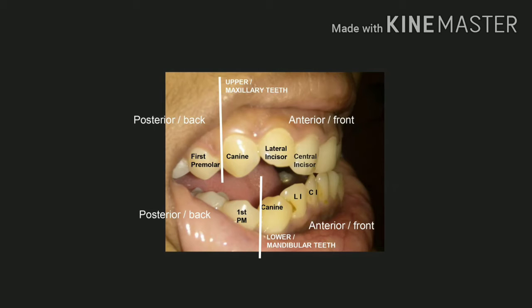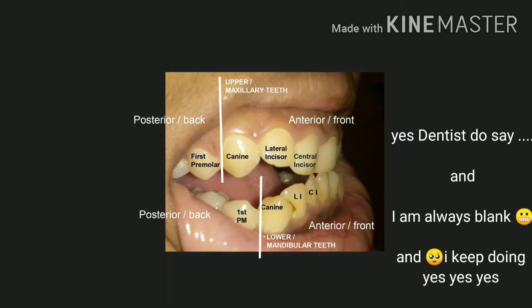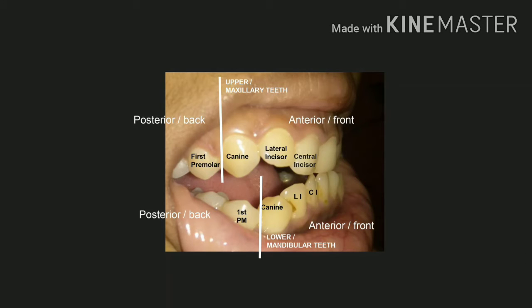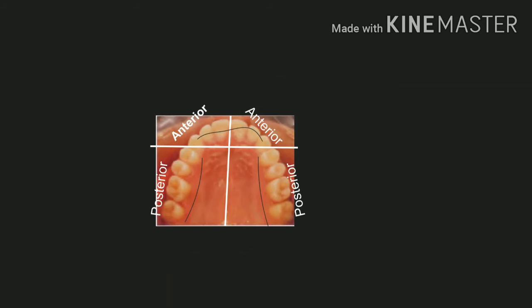If a dentist is talking about anterior teeth, or your front teeth, he or she is clearly talking about the central incisors, lateral incisor, and canine only. Anterior means the first 3.